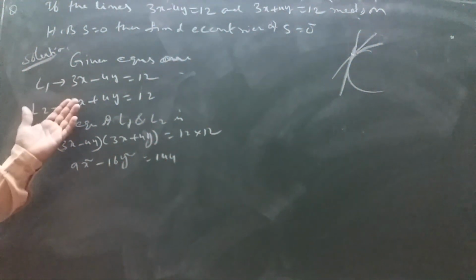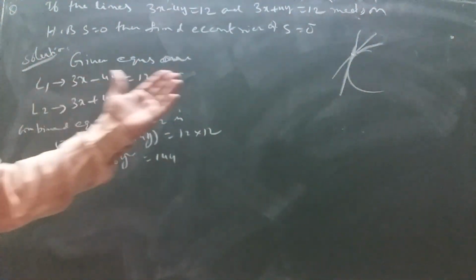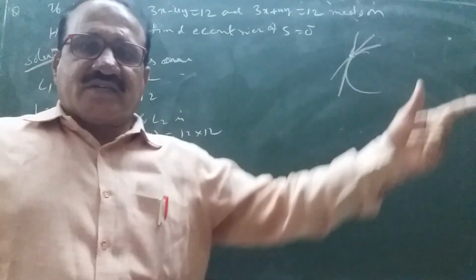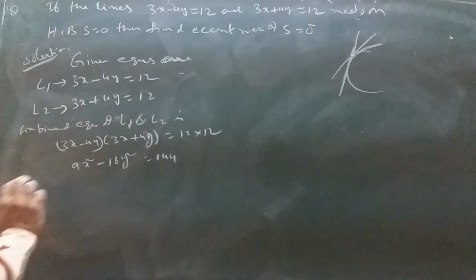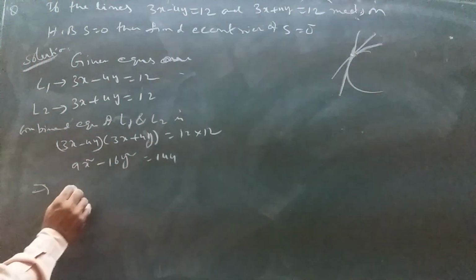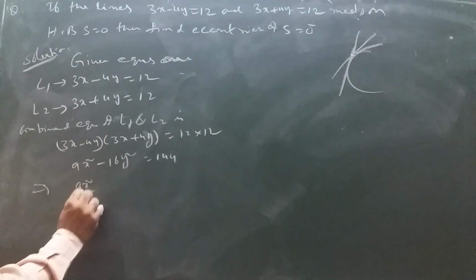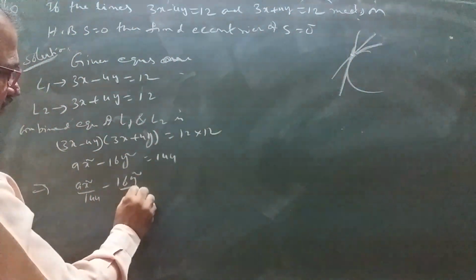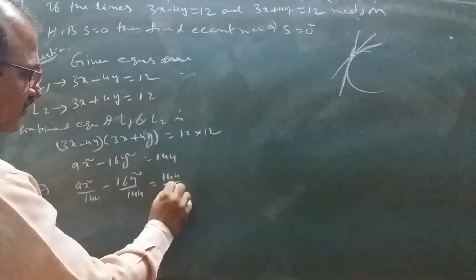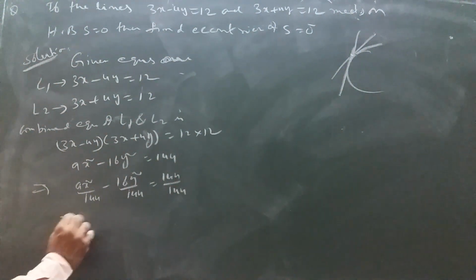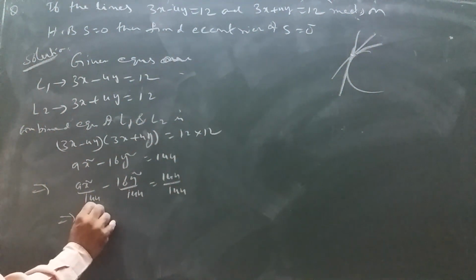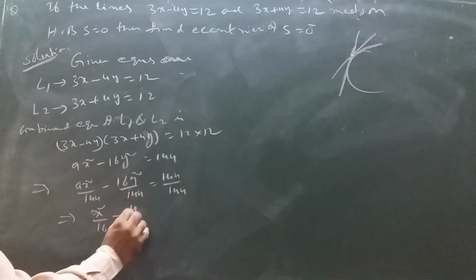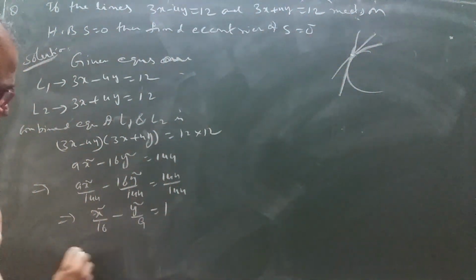It is nothing but the combined equation of L1 and L2, which is the equation of the hyperbola. Dividing by 144, 9x square by 144 minus 16y square by 144 is equal to 144 by 144. That implies x square by 16 minus y square by 9 is equal to 1.